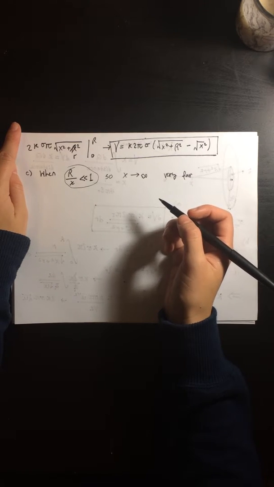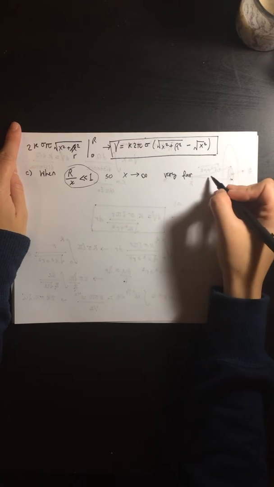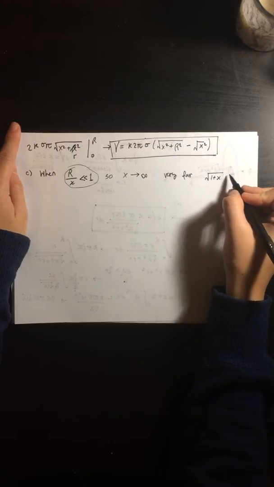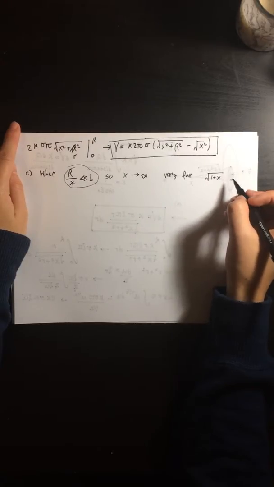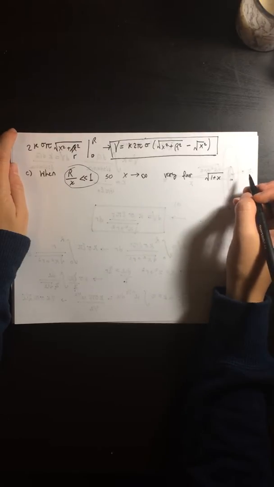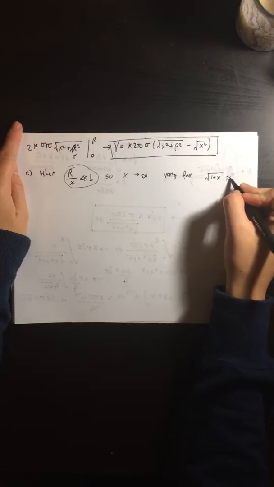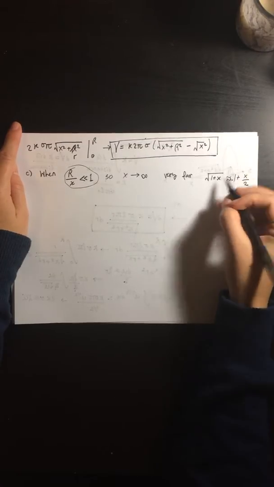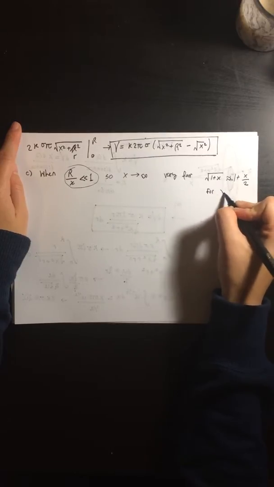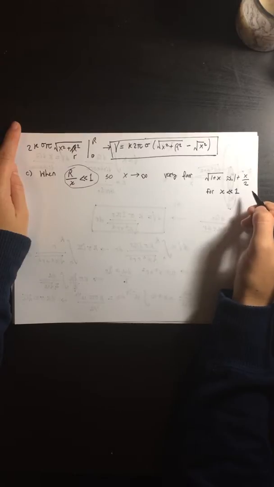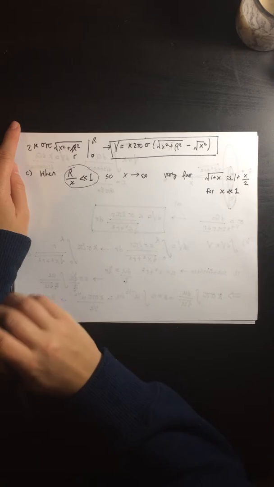So, the approximation we're going to be using is that the square root of 1 plus x is roughly equal to 1 plus x over 2 for any x that is much, much less than 1, right? So, let's figure out what we're going to do here.